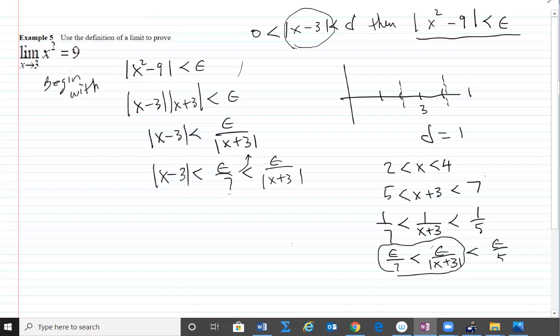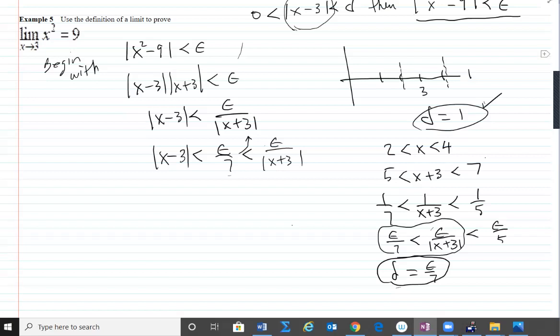So now, I have 2 conditions. I have this and this. I chose delta epsilon over 7. Now, both of these have to fit. So by stating that I'm picking the minimum of them, then that'll mean that they're both true.